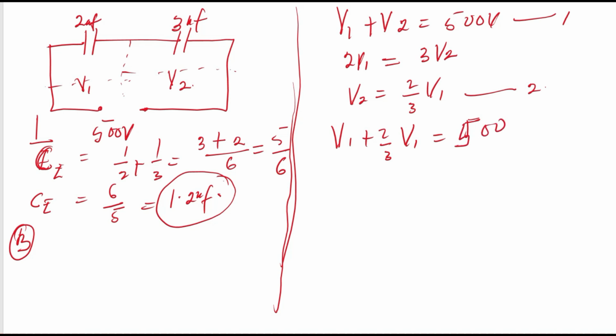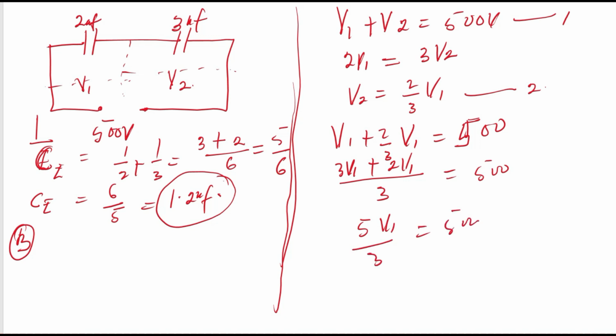Now let's take an LCM of this. 3 times V1, that's 3 V1 plus 2 V1 is equal to 500 volts. So 5 V1 over 3 is equal to 500 volts.